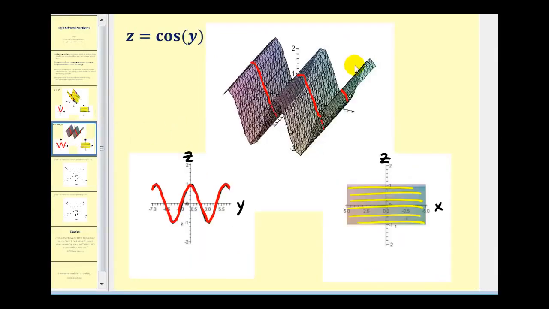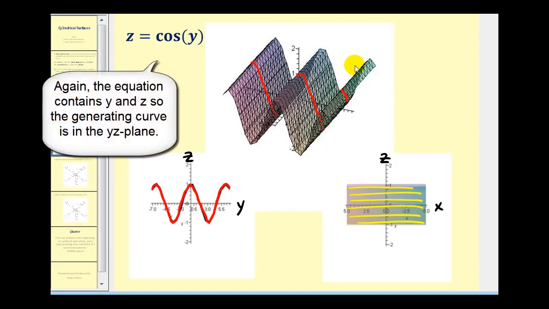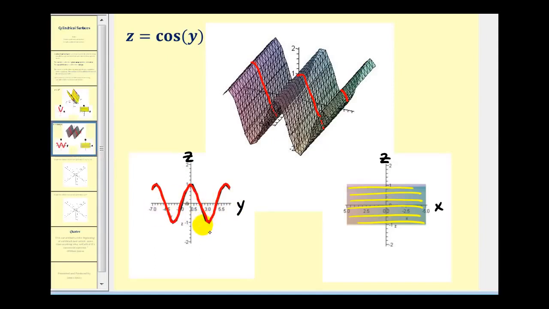Here we have the graph of z equals cosine y. So looking at the graph of this just in the yz plane, we have this red graph. And then if we graph this in the xyz coordinate system, it becomes this three-dimensional surface. And again, the generating curve is this red curve as we see here in the yz plane.